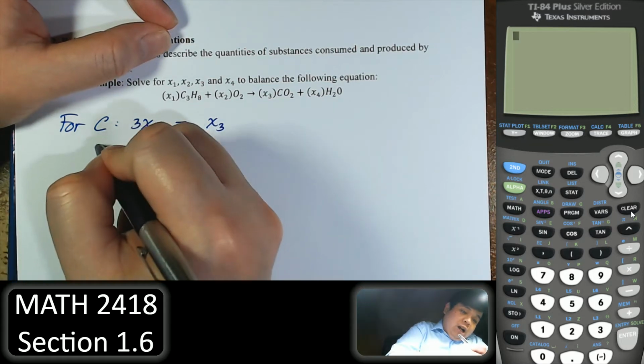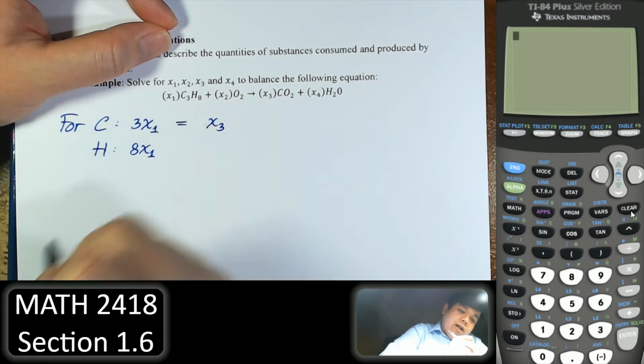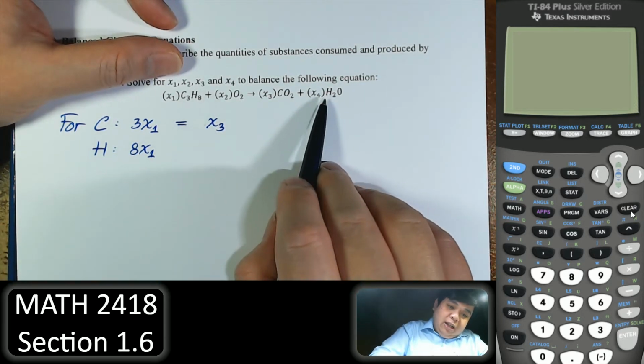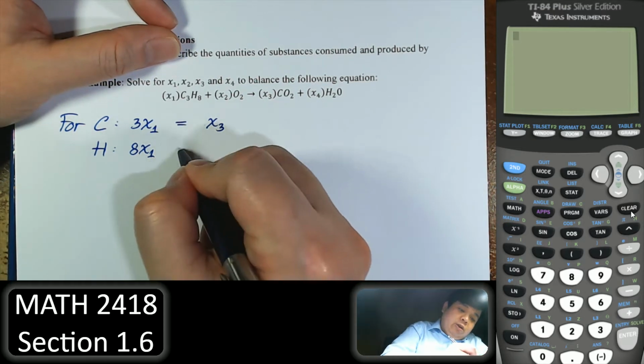And then for hydrogen, there are 8 of them here, so 8x1. On the other side, there are 2 in a molecule of water multiplied by x4.